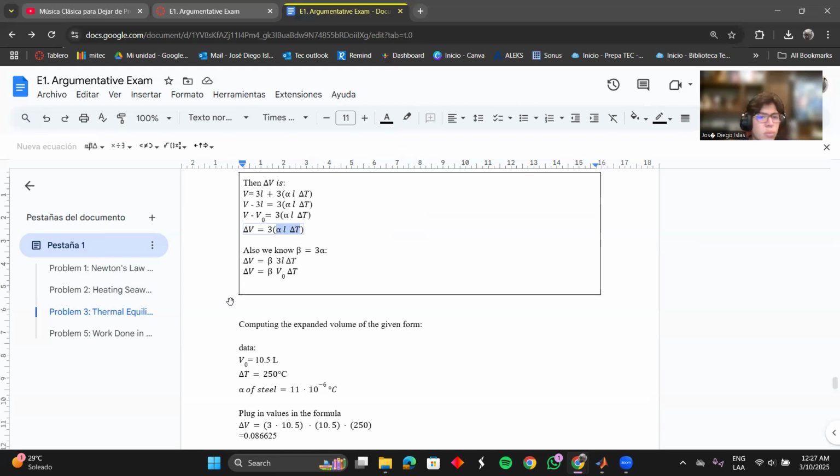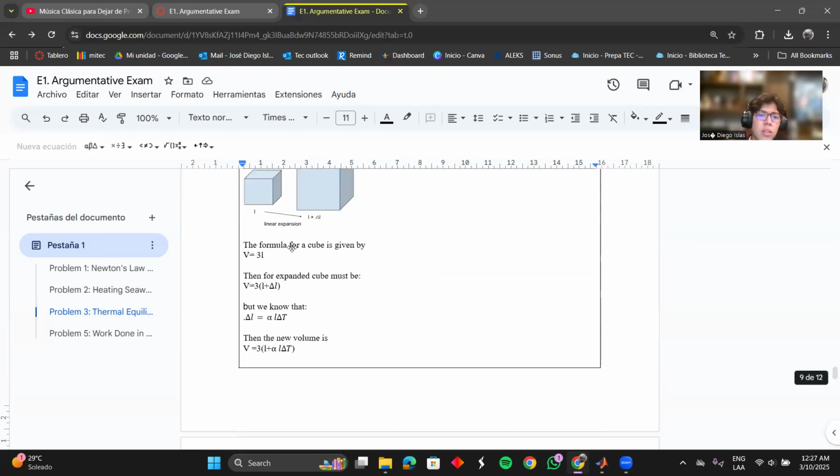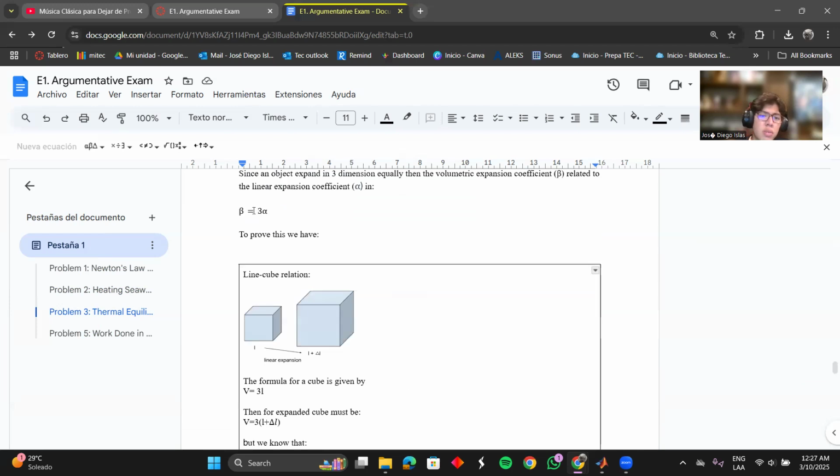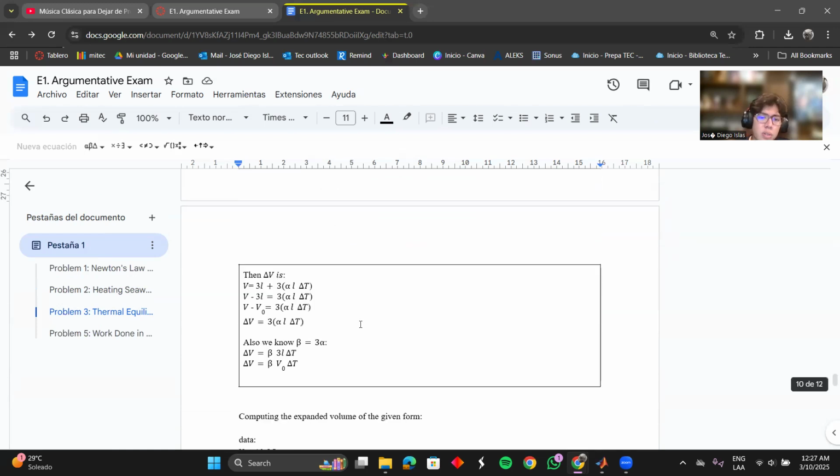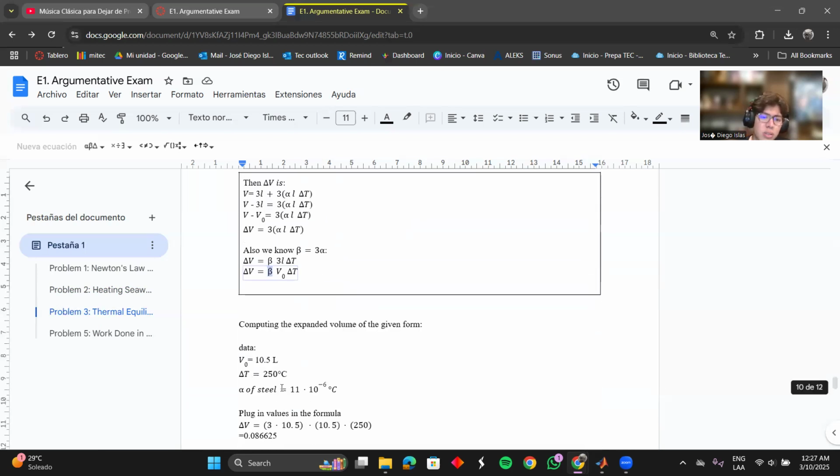They also ask us to plug in this thing right here. We also have this fact, so why not just make it simple for us, multiply it, and state this law? Again, we know that L cubed is equal to the initial volume of the object, so we can put this right here.